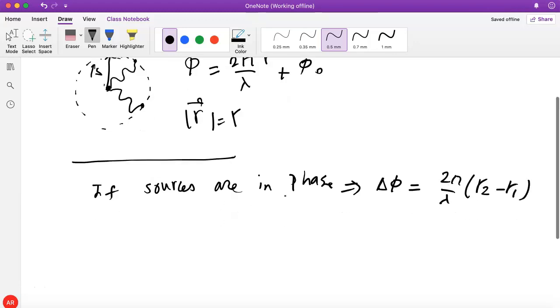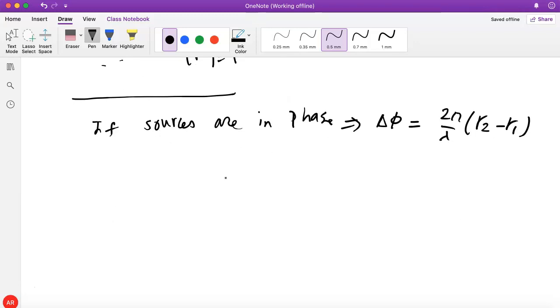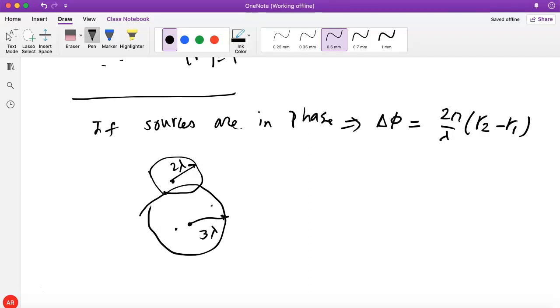For example, if you have one source and one wavefront of radius 2 lambda, and another wavefront from the other source of radius 3 lambda, the point that's on the 2 wavefronts is a distance 3 lambda from this source and a distance 2 lambda from the other source.